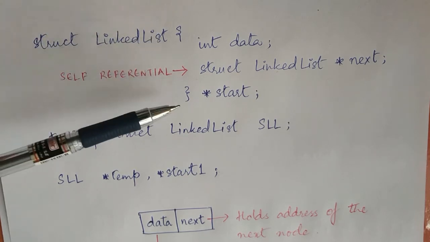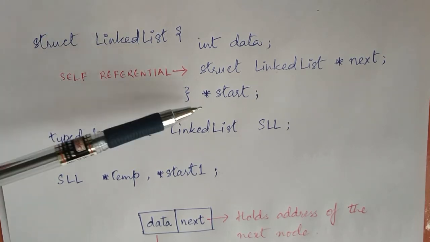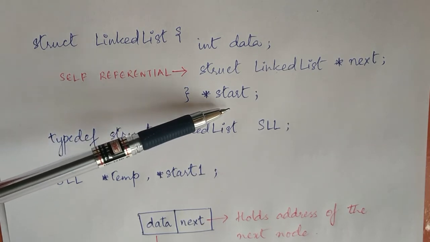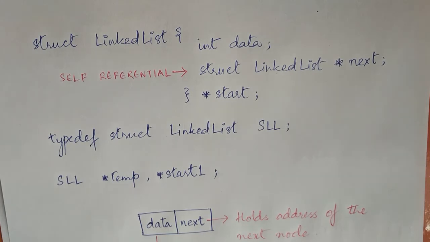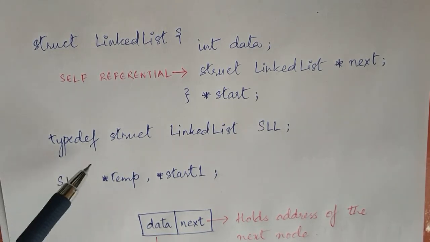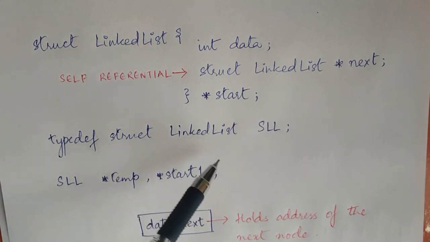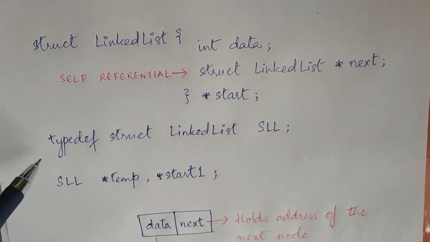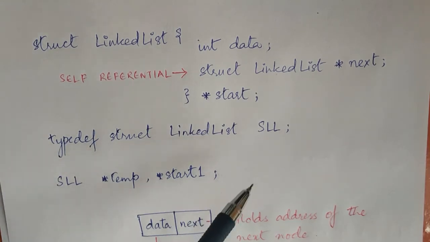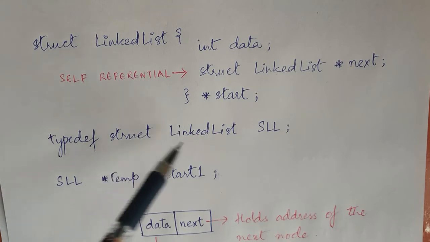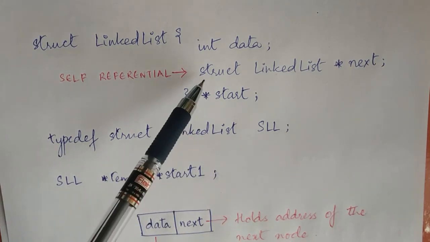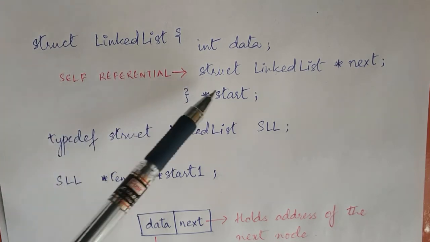So what we are doing is we are defining a structure called linked list, and we are also declaring a pointer which is called start for now. What I generally do in my programs is that instead of writing struct linked list and then defining the variables of the type linked list, I just use a typedef, typedef struct linked list SLL, singly linked list, because we are just talking about one pointer in the linked list.